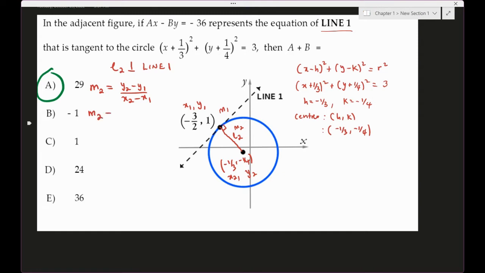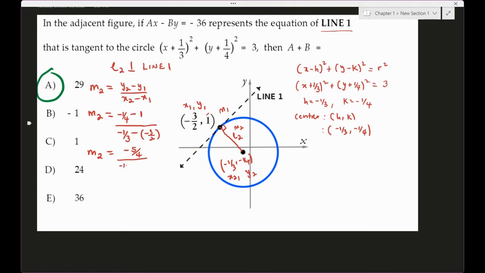So M2 is simply, y2 is minus 1 over 4, minus y1, which is 1, divided by x2, which is minus 1 over 3, minus x1, which is minus 3 over 2. Minus 1 over 4 minus 1 gives us minus 5 over 4.